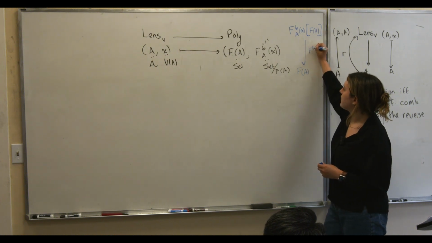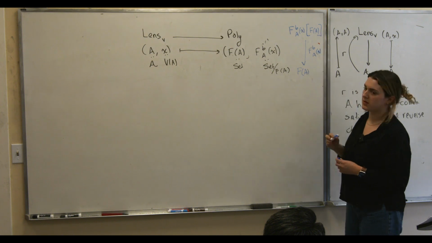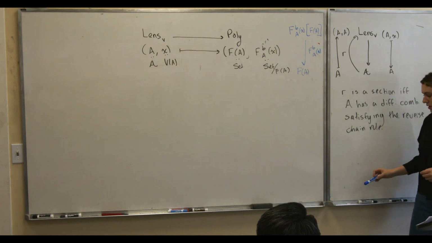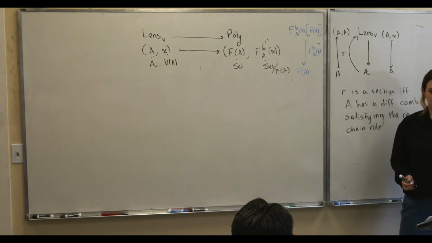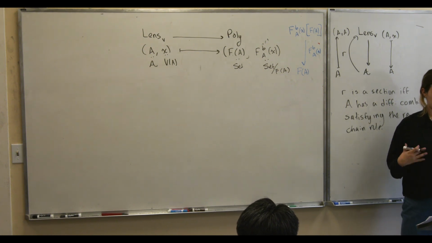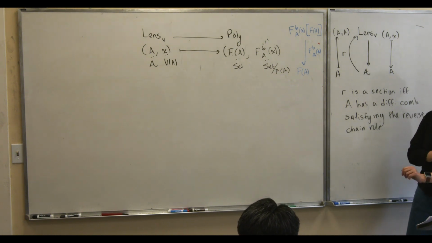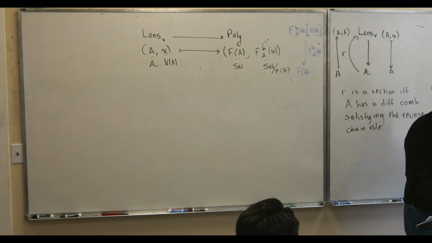So this is F flat A of X. In examples, this is going to end up being something we can really understand, and for now, this is just slightly clunky notation.